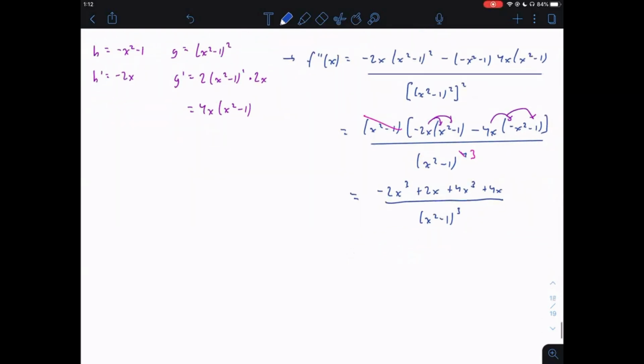All right, so now what can we combine here? Let's see, negative 2x cubed plus 4x cubed. These two are like terms, and combine them to give us 2x cubed. Plus 2x plus 4x will give us positive 6x over our denominator here of x squared minus 1 to the 3rd.